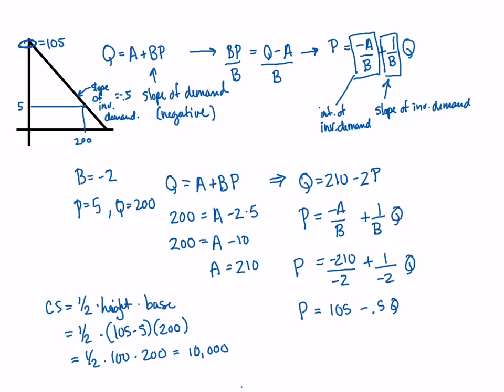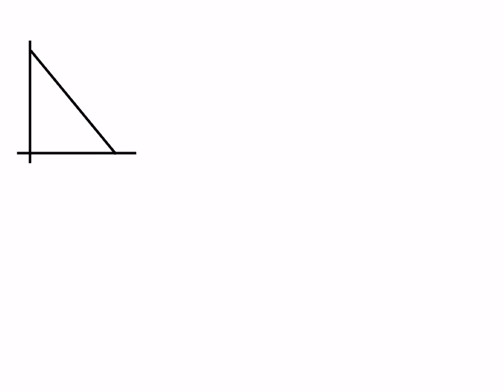So we can calculate consumer surplus. If we had another point, either just a price or just a quantity, we could use that to calculate the change in consumer surplus. So that's pretty straightforward, hopefully. Take a look at that, make sure you understand it, and once you do, let's move on.